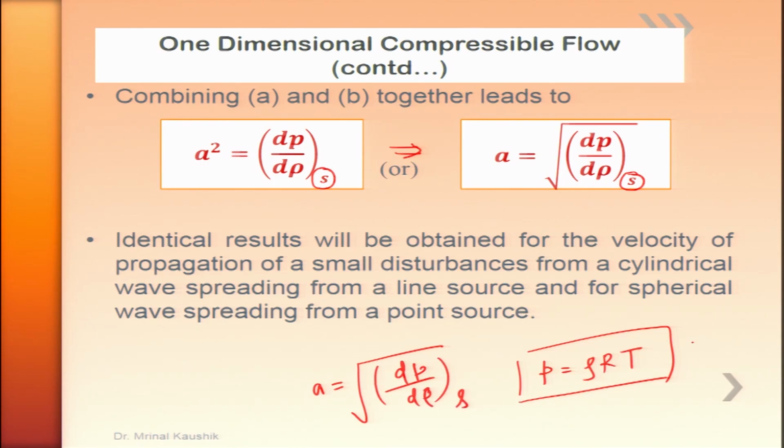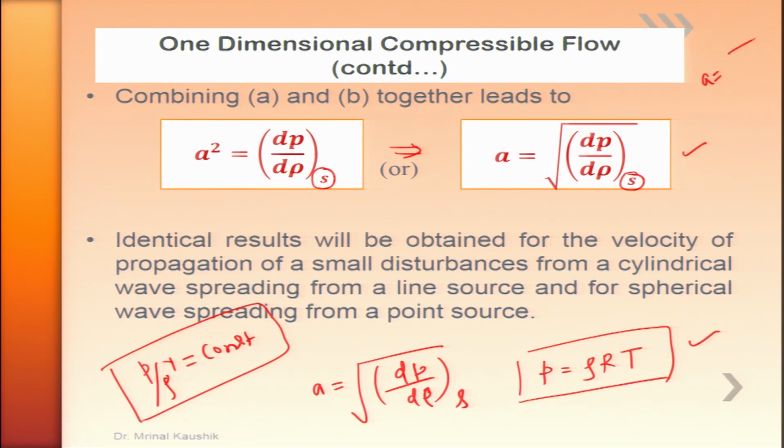Differentiating with respect to rho, we immediately get dP by d rho from the equation. Using this, as well as since the process is isentropic, the pressure and density vary such that P by rho to the power gamma is equal to constant. If you differentiate, taking the logarithm of this, you will lead to an equation which we have already used and shown, a is equal to the square root of gamma RT, in our previous discussion.